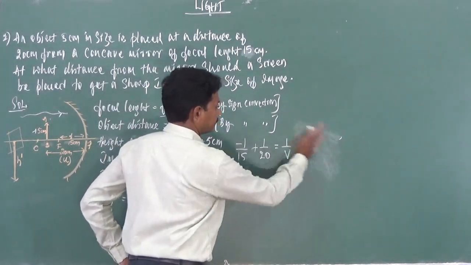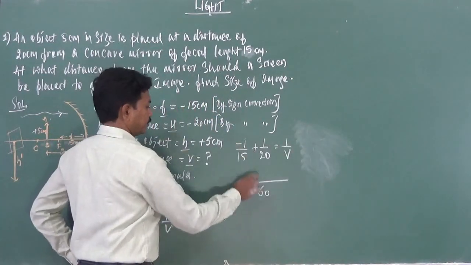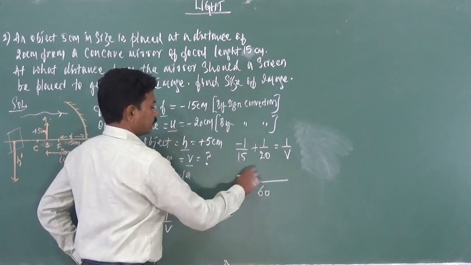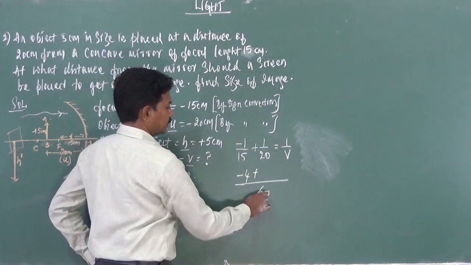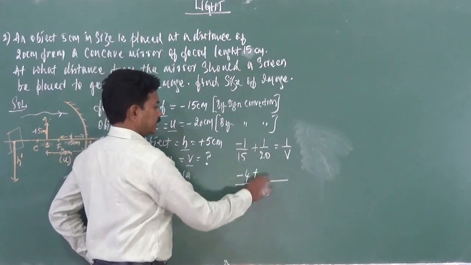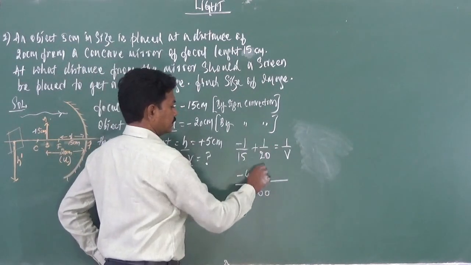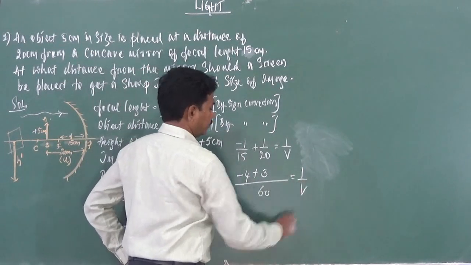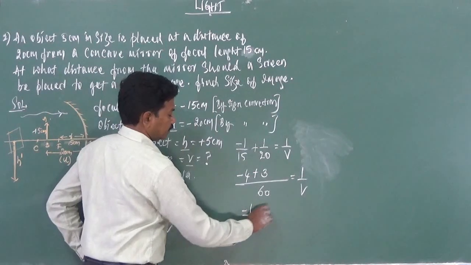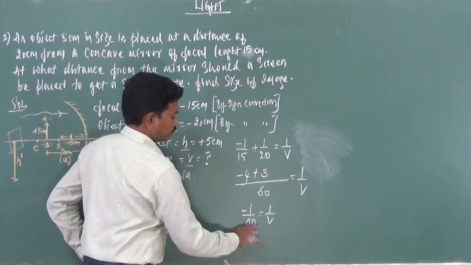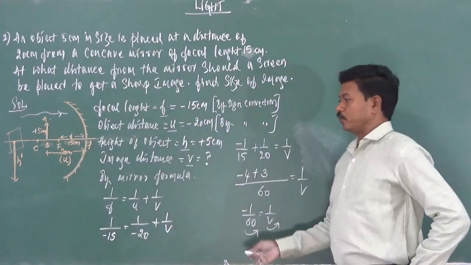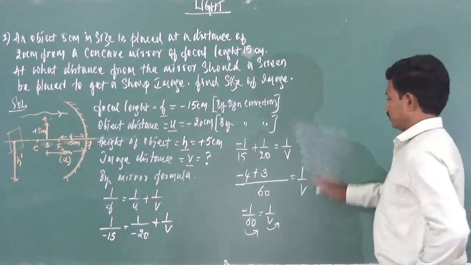Okay. Right. Minus 1 by 15 into 60. 15 ones are 15, 15 4s are 60, 4 into minus 1 is minus 4, plus 1 by 20 into 60. That is 20. 20 ones are 20, 20 3s are 60, so 3 ones are 3, is equal to 1 by V. So minus 4 plus 3 is minus 1 by 60 is equal to 1 by V. So take reciprocal on both sides, because we have 1 by V but we want V. So therefore take reciprocal on both sides.